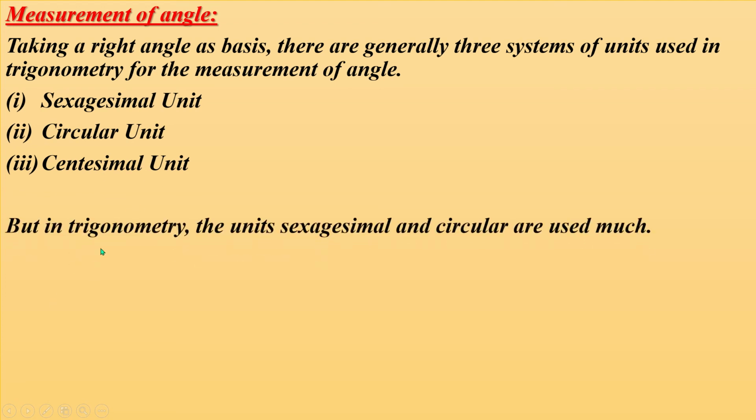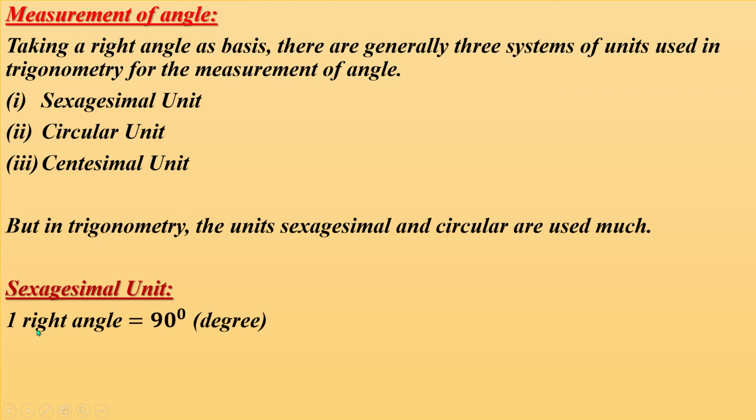But in trigonometry, the sexagesimal and circular units are used mostly. In the sexagesimal unit, 1 right angle is equal to 90 degrees, 1 degree is equal to 60 minutes, 1 minute is equal to 60 seconds. Those are the units for the sexagesimal system.